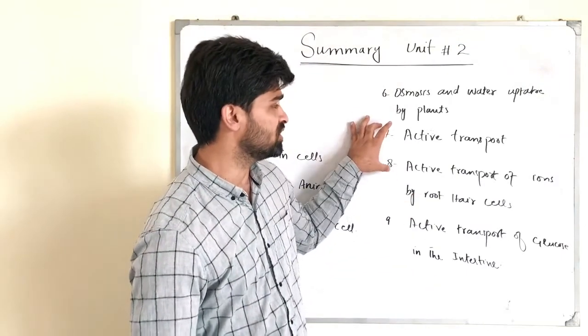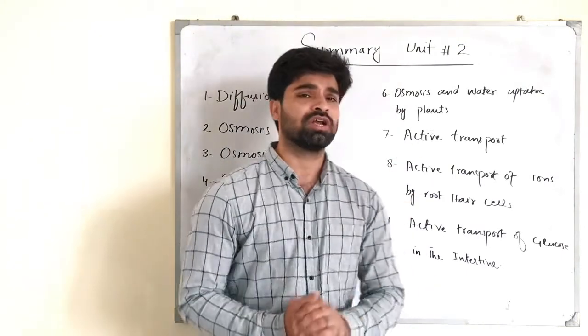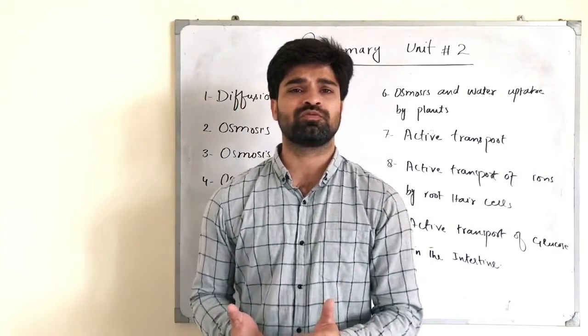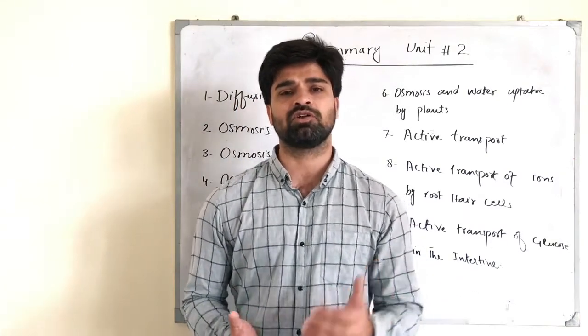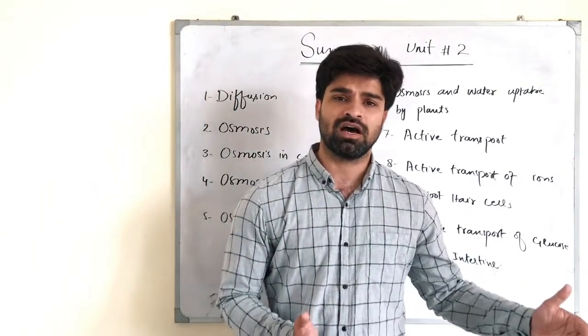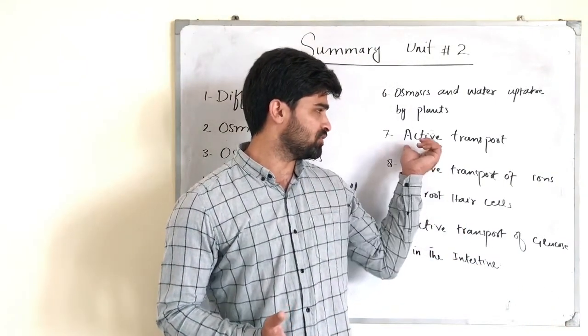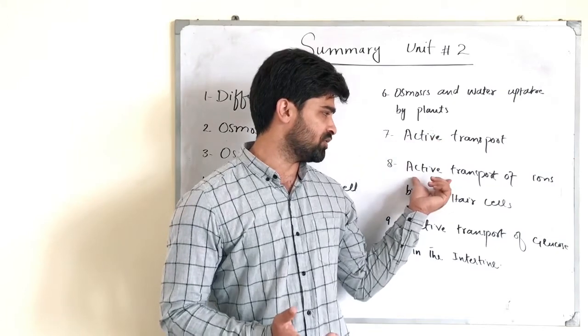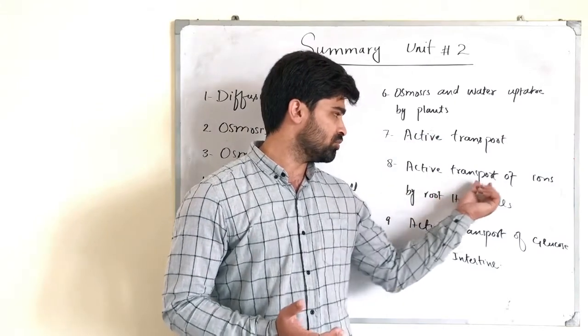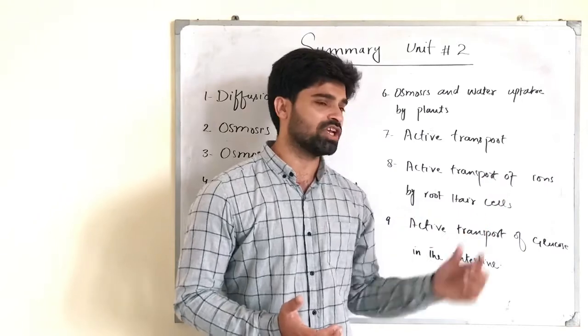So, my dear students, during active transport the molecules move against the concentration, from the lower concentration to the higher concentration, and as an example of active transportation we talked about the movement of ions in the root hair cells.